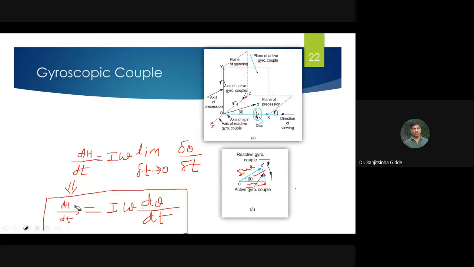Now, if you observe this left hand side, what does it indicate? It indicates change in angular momentum, and that rate of change of angular momentum is divided by dt. So this is nothing but couple. This is OX and this one is OX prime.